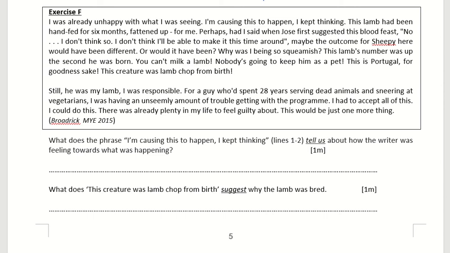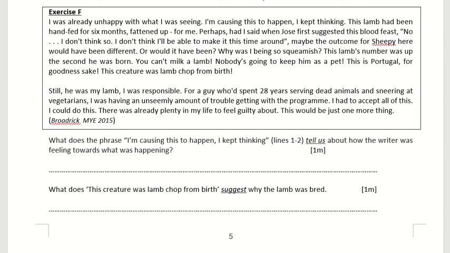For a guy who spent 28 years serving dead animals and sneering at vegetarians, I was having an unseemly amount of trouble getting with the program. I had to accept all of this. I could do this. There was already plenty in my life to feel guilty about. This would be just one more thing.